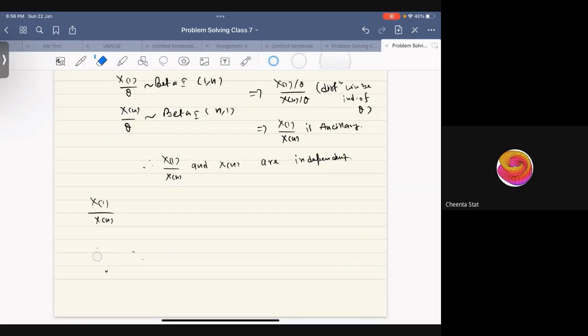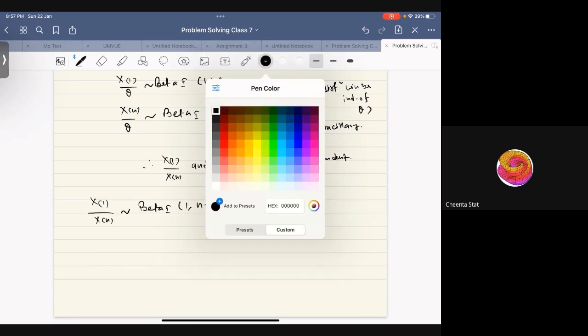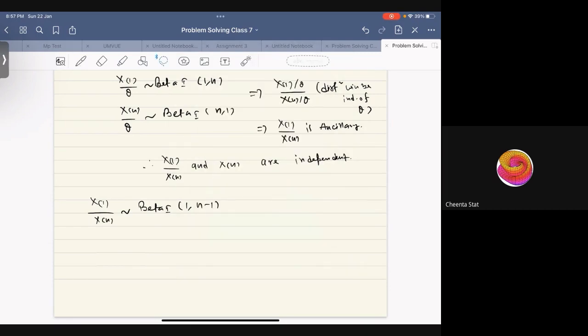But can anyone guess this one? I am giving you the distribution. It will be beta first kind (1, n minus 1). It is a very important and very new thing to you, so just remember this. I am giving the proof also.